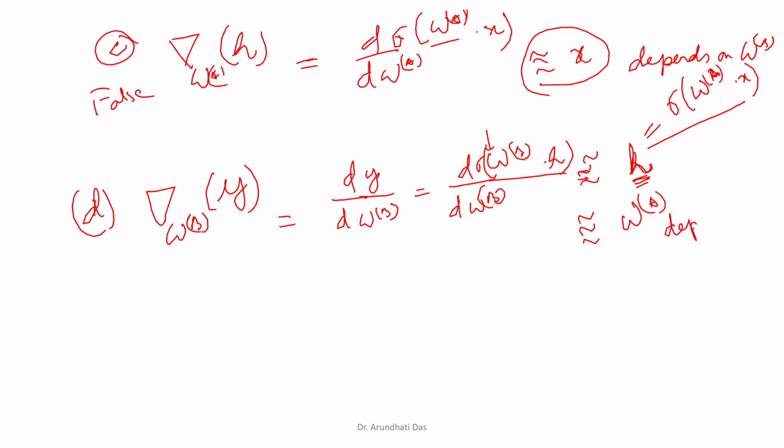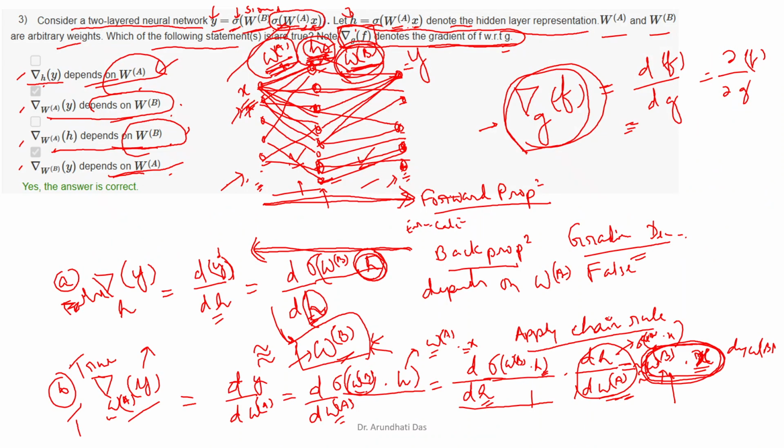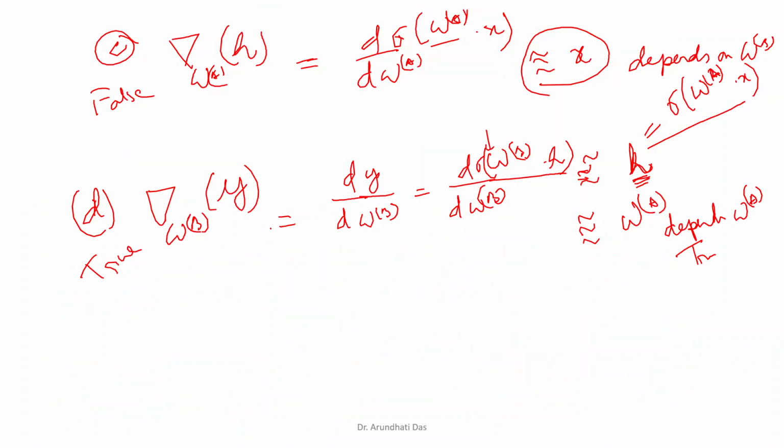That's why this gradient calculation will depend on WA, yes. So this is again true, correct? I hope that is clear. That's why the correct options are option B and D. The rest, options A and C, are false.